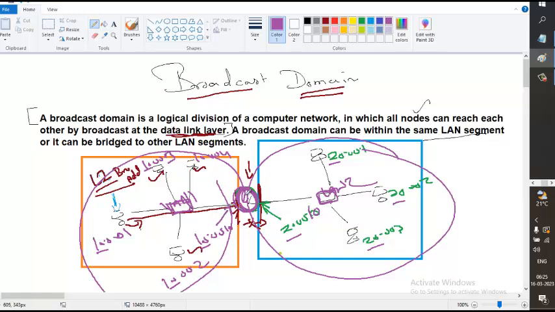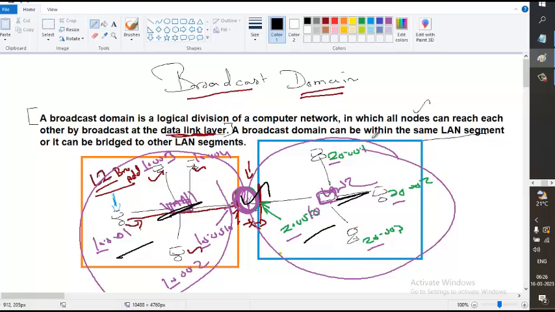In other words, only between two different LANs. In other words, between two different networks.